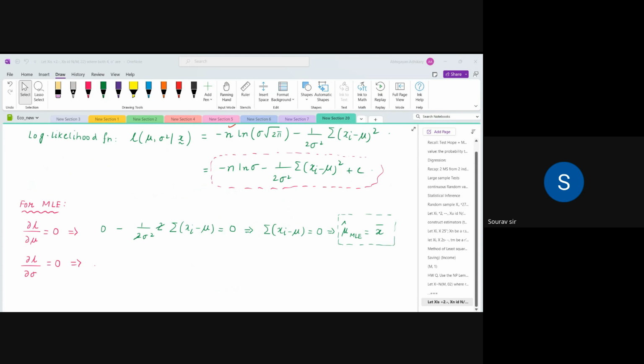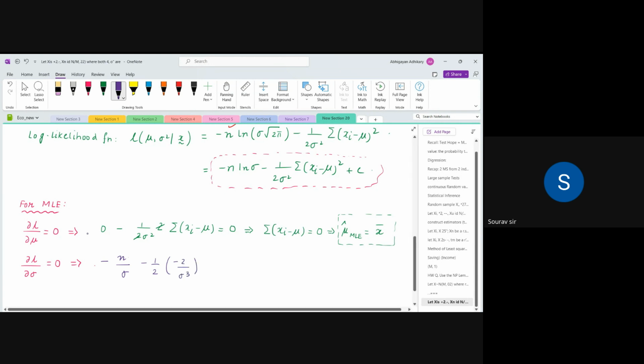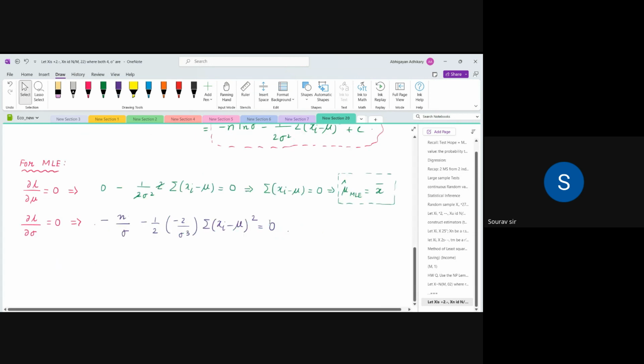Okay, perfect. Now coming to the second one, partially differentiating small l with respect to sigma. So that will be minus n by sigma, and this would be minus half, and this is sigma square, so minus 2 by sigma cube summation xi minus mu whole square. Correct?